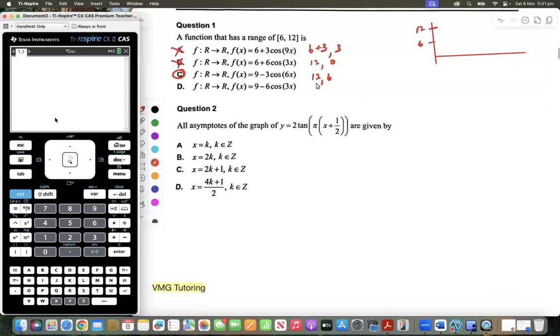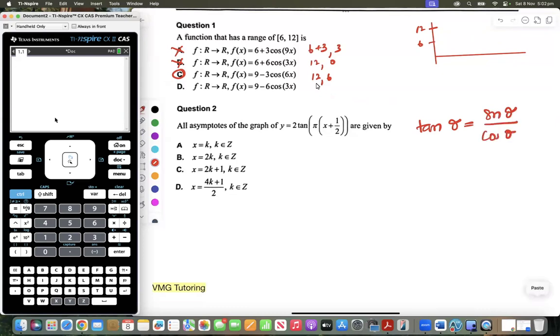The second one: all asymptotes of the graph of this tan are given by... I can think of two methods to do this question. Actually, I will use my calculator. This is a tan function. Tan theta is defined by sine theta over cos theta.